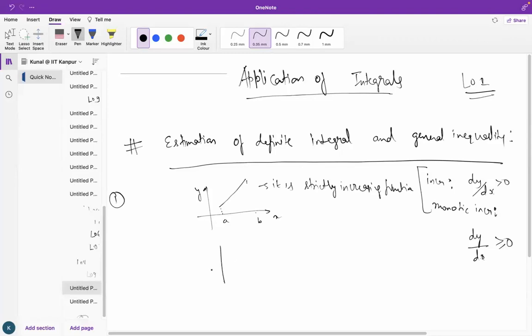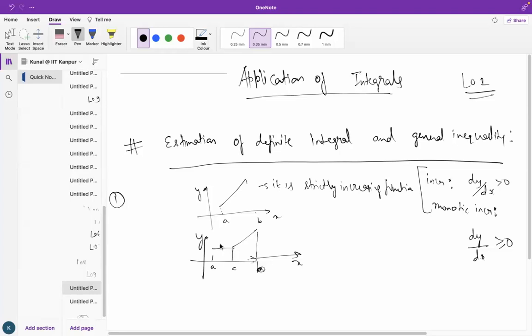And now let me draw something like this. This is my x-axis, this is my y-axis. This is A, this is C, and this is B.